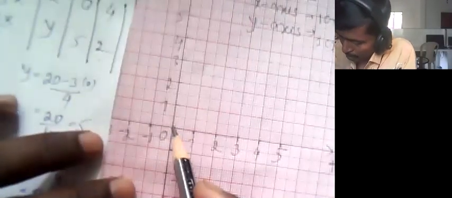Plus 5 means I'm going towards the plus y-axis. Therefore 0, 5 means 1, 2, 3, 4, 5. This is the point, and you should write 0, comma 5 like this.